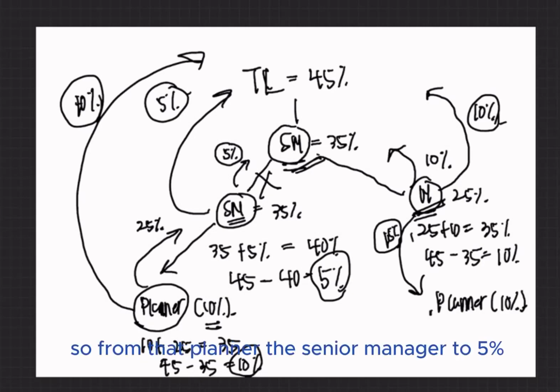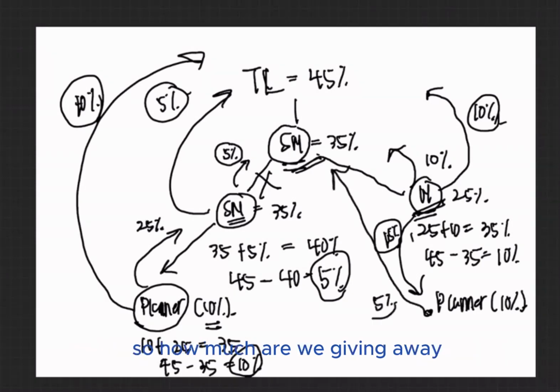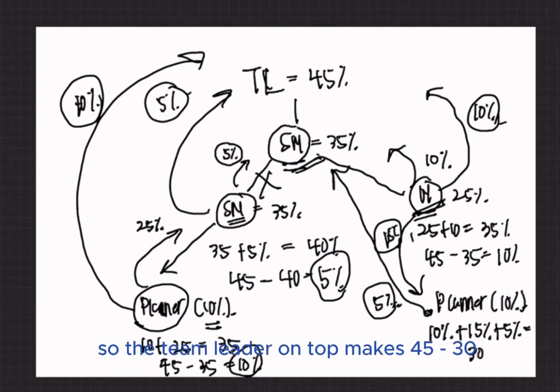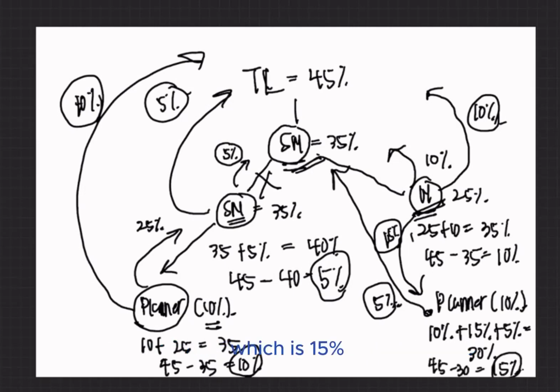So from that planner, the senior manager took 5%. So how much have we given away? 10% plus 15% plus 5%, which is 30. So the team leader on top makes 45 minus 30 from this bottom planner, which is 15%.